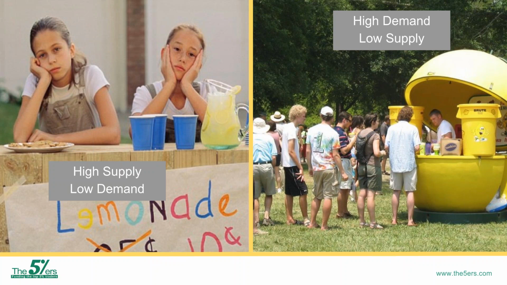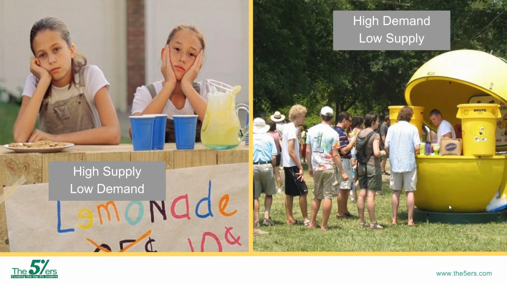Because they don't have demand for their product, and they have a lot of product on the table waiting for buyers. That means they have a lot of supply with no buyers, so they will be willing to lower the price until they get buyers to buy their product.